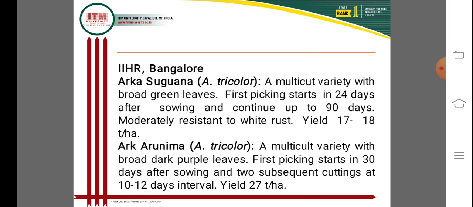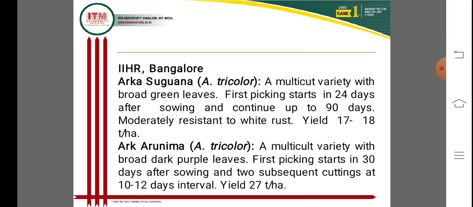The next variety is Arka Arunima, which is very important for yield and continues harvesting with subsequent cuttings at 10 to 12 day intervals. It is a multi-cut variety with broad, dark purple leaves. The first picking starts 30 days after sowing, with two subsequent cuttings at 10 to 12 day intervals.